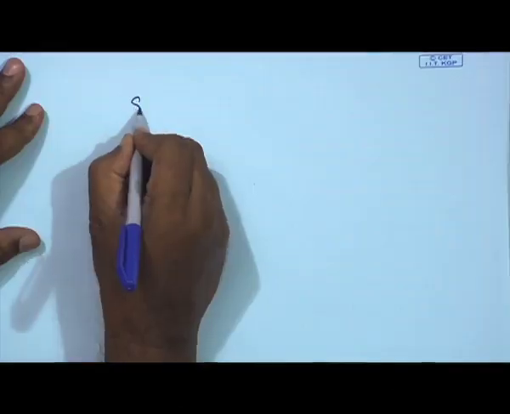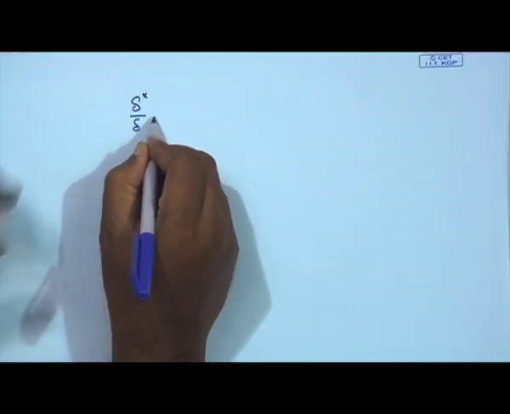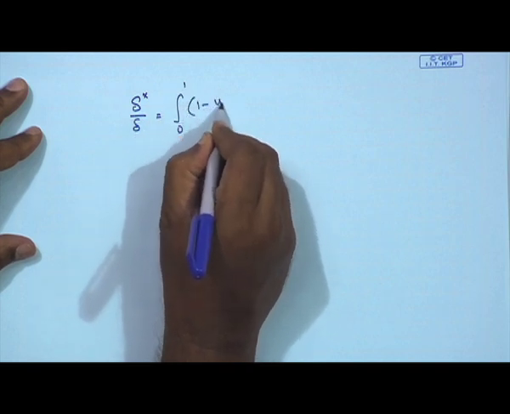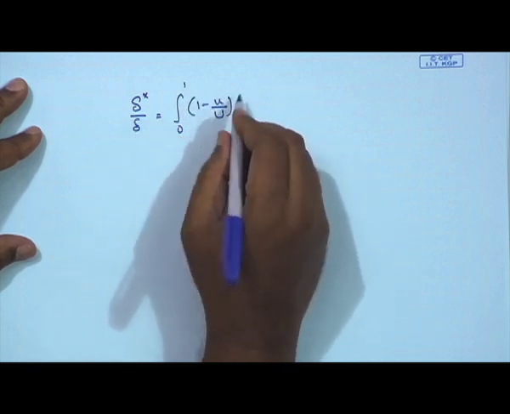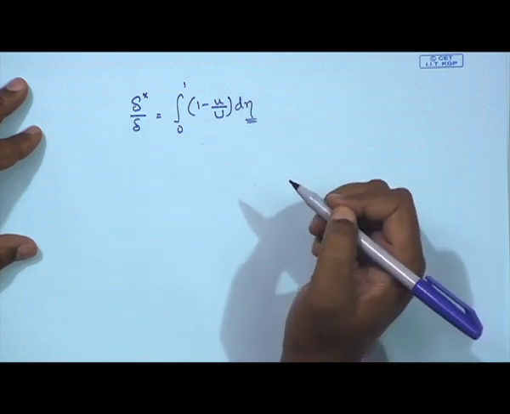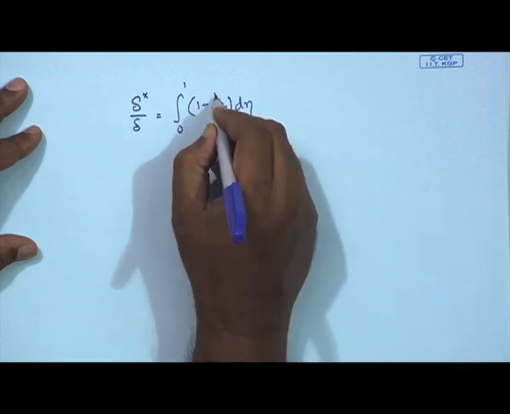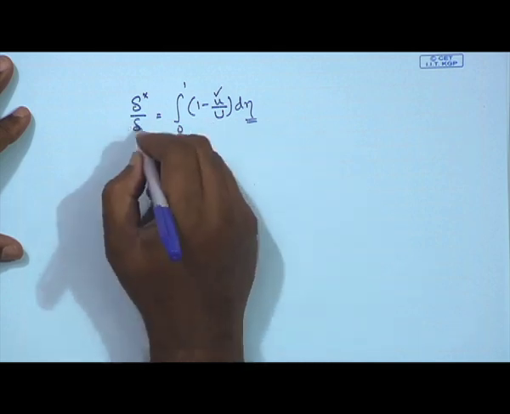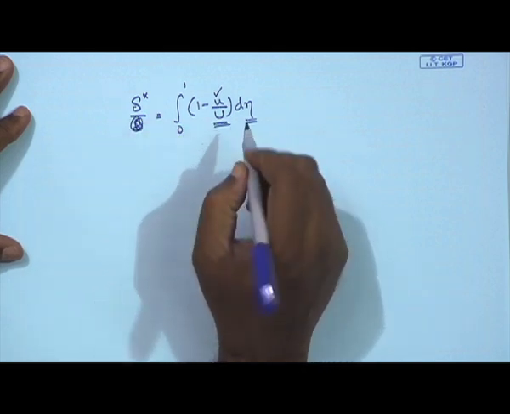So, two thicknesses were introduced: one is displacement thickness and the other is momentum thickness. The displacement thickness was delta star by delta equals integral from 0 to 1 of (1 minus small u by capital U) d eta, where eta is the distance from the solid wall, u is the local velocity, and capital U is the free stream velocity.